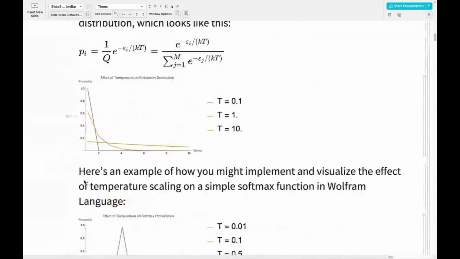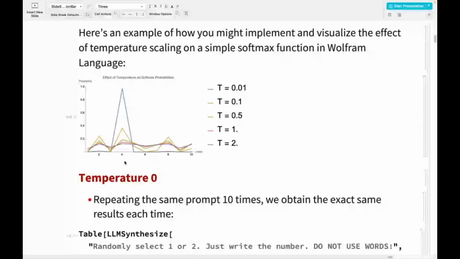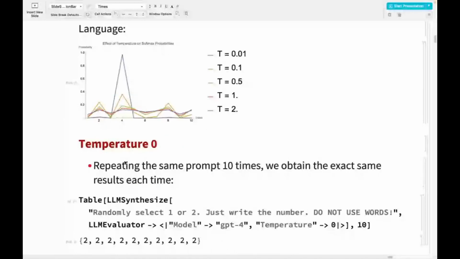In our case, it's a bit different. We have a number of tokens or words from the vocabulary, and at zero temperature we only promote one of those tokens. So the LLM behaves like 100% deterministic. In reality, it's a bit different.